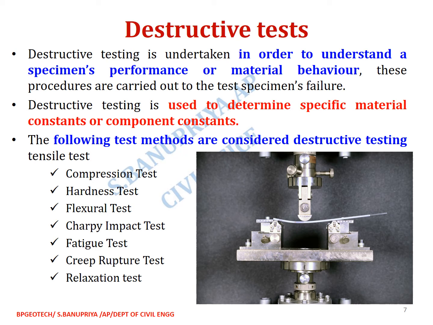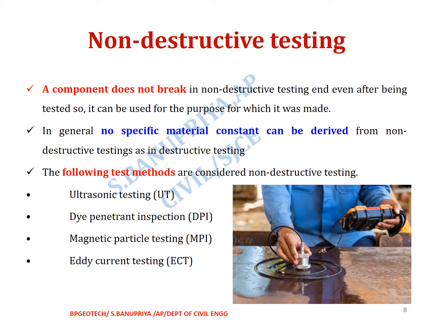After the testing, you are not supposed to reuse the sample because surely the samples get defective. Under non-destructive testing, you just find out the surface characteristics, that is, whether there is a presence of cracks or any flaws.